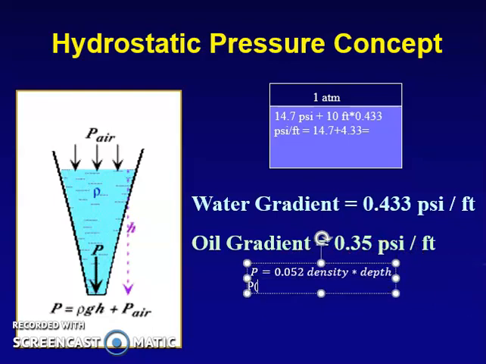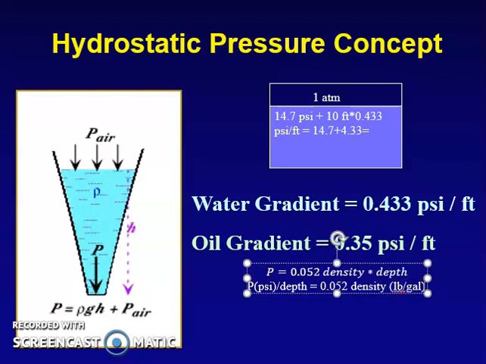So P, since this is psi per depth, which is feet, is equal to 0.052 multiplied by density, and density should be pound per gallon. Gallon is volume. Density is mass per volume, right? So pound mass per gallon.